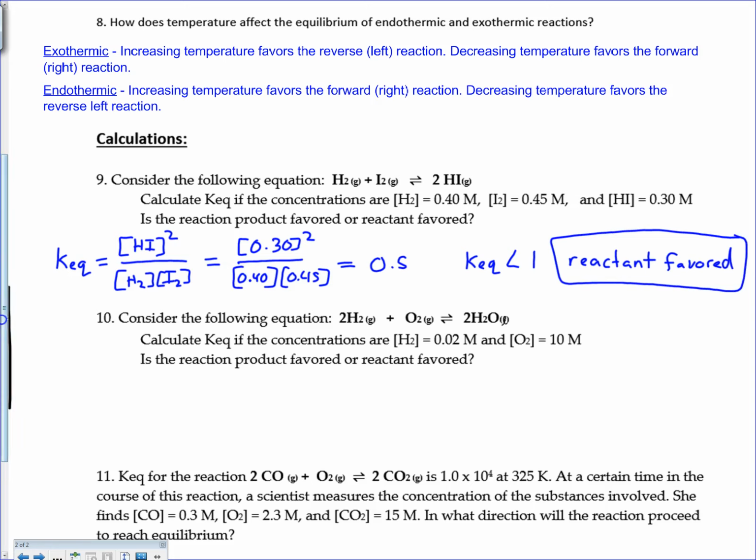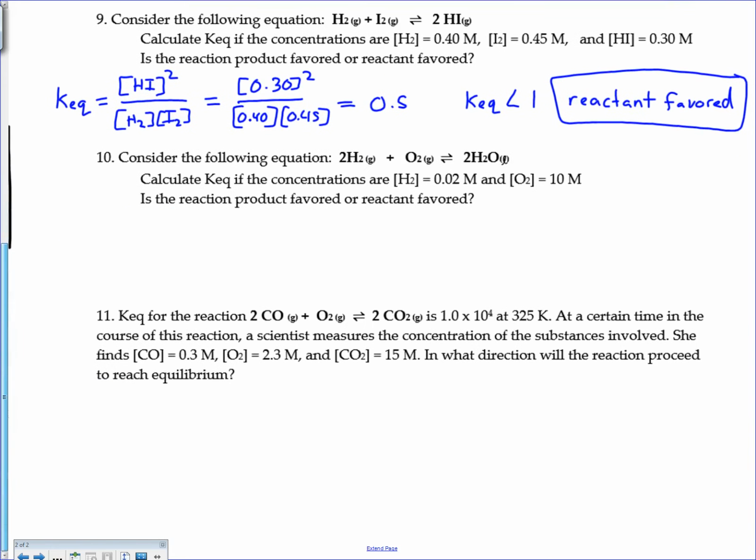On to number 10. It says consider the following equation. Again, we're calculating KEQ. This one's a little bit different though because it has a liquid in it, and liquids and solids are left out of the KEQ equation. And so in this case, there's not anything on the product side at all that we're including in the equilibrium equation. So that's going to be a 1 in the numerator because there's nothing in the product side.